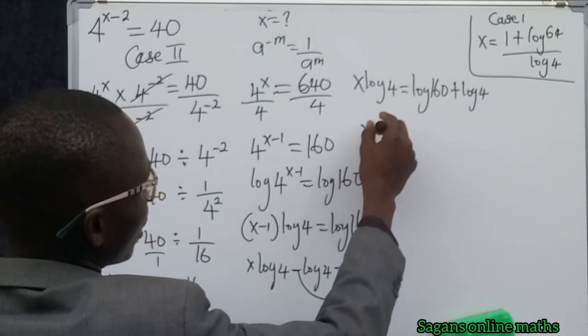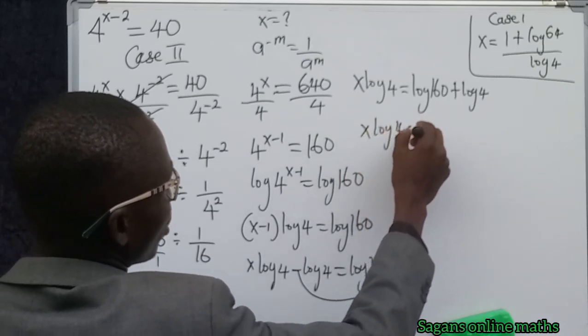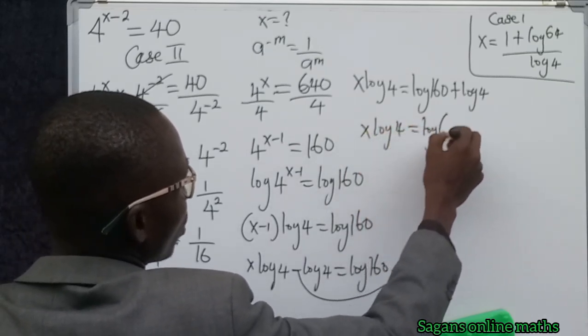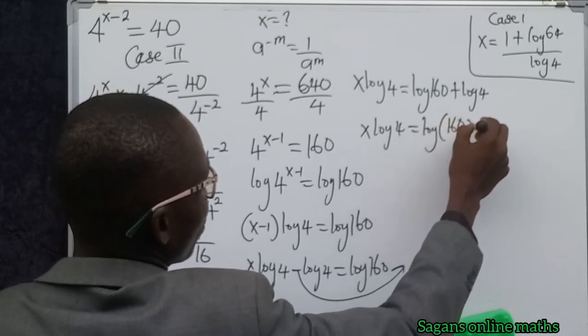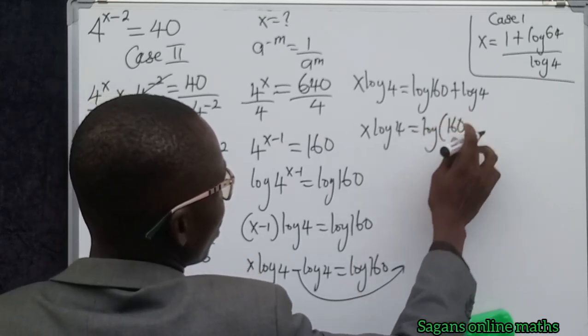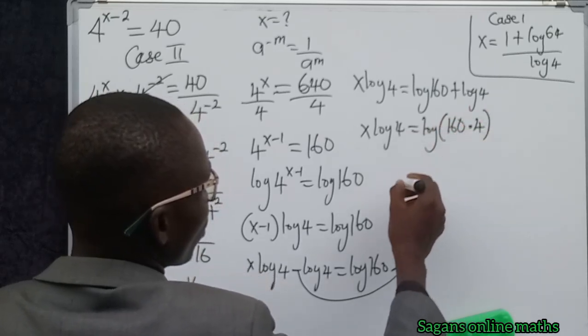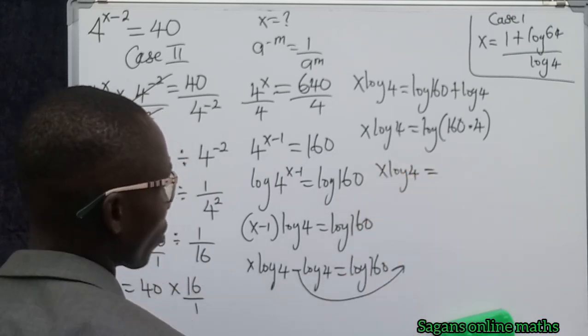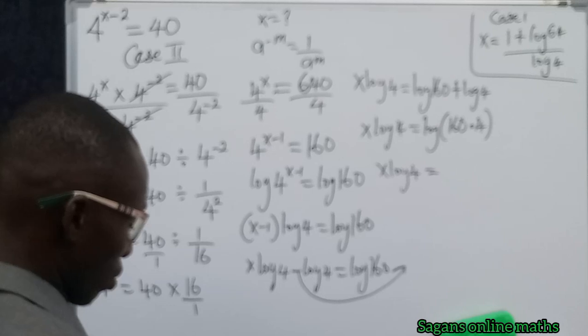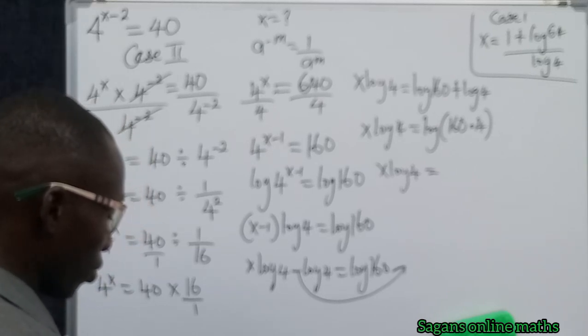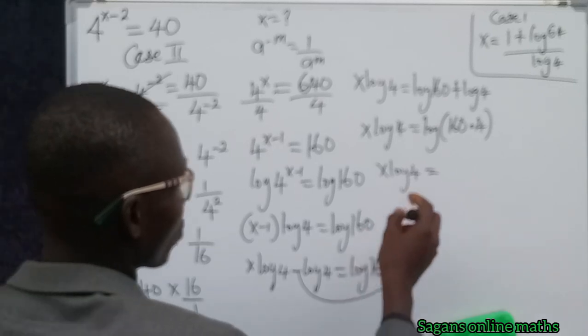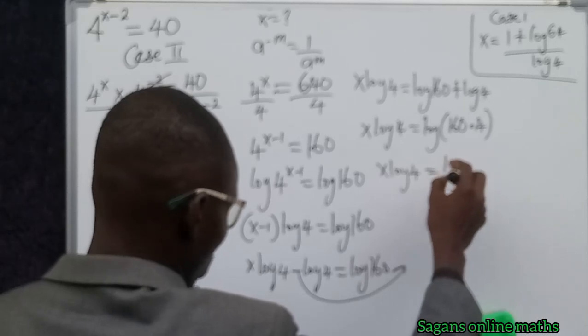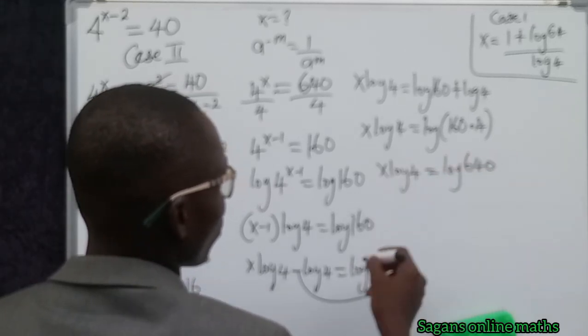So I'm going to add that. This is x log 4 base 10 is equals to take a single log of 160 multiplied by 4. So that x multiplied by log 4 base 10 is equals to log of 160 multiplied by 4, which is 640.